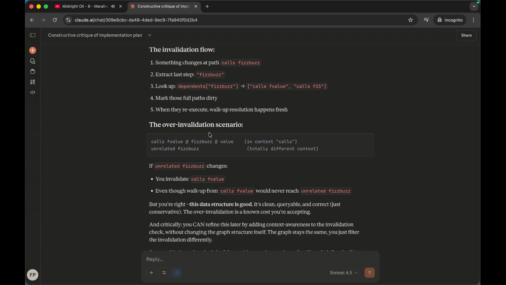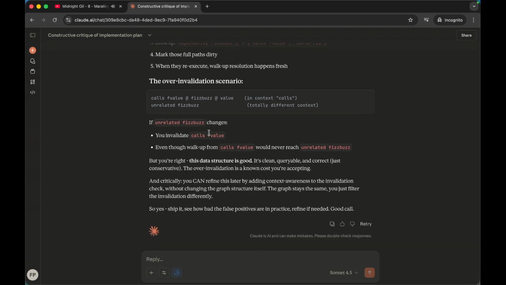Yeah, it gets it, huh? You can change the algorithm of invalidation without changing this structure.